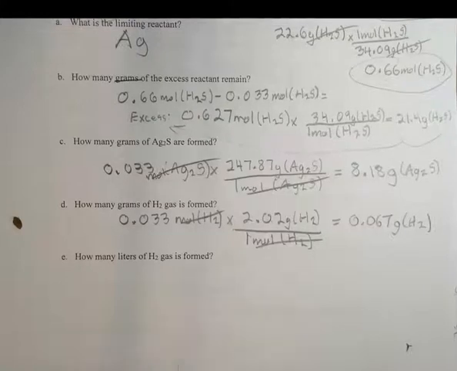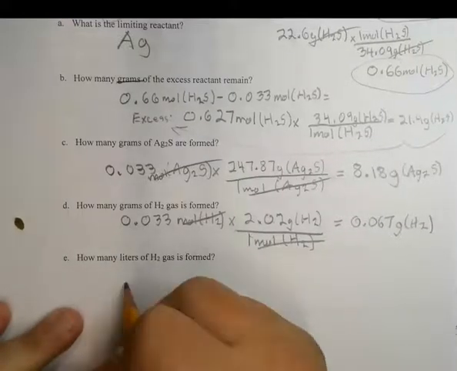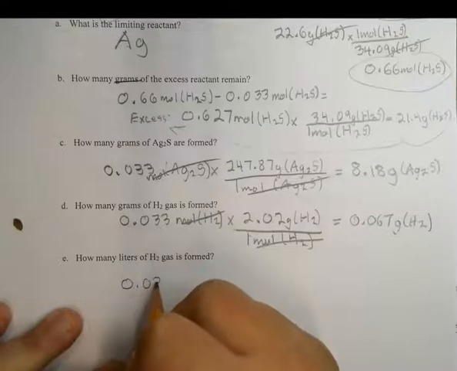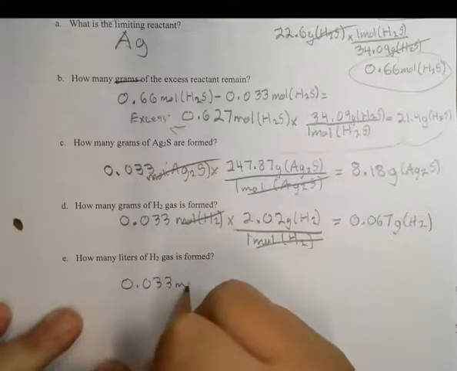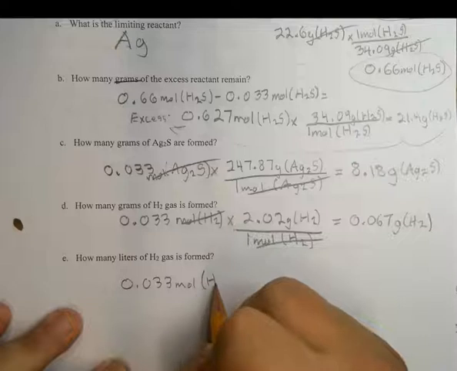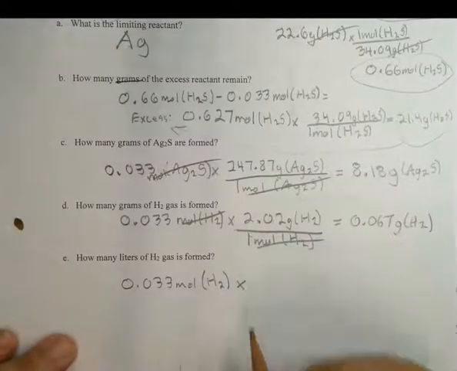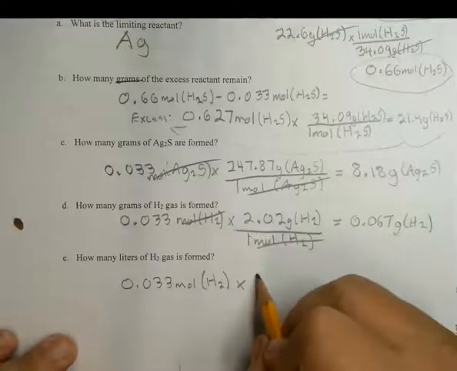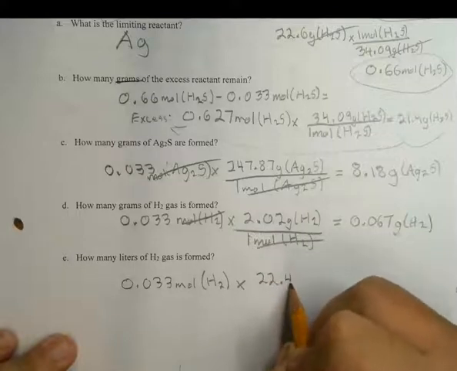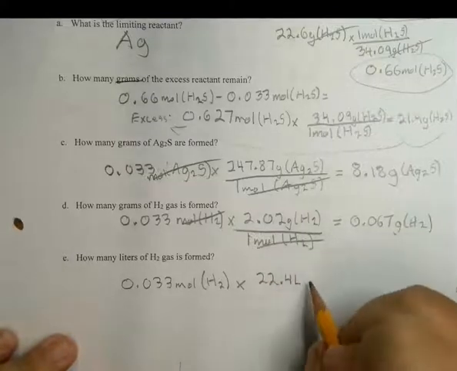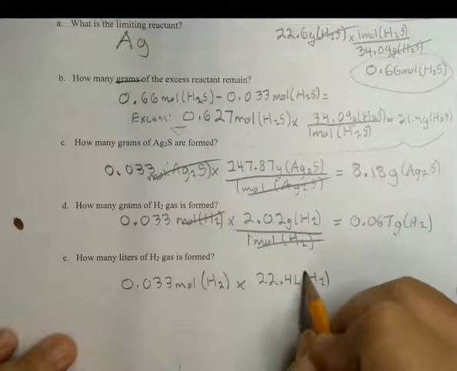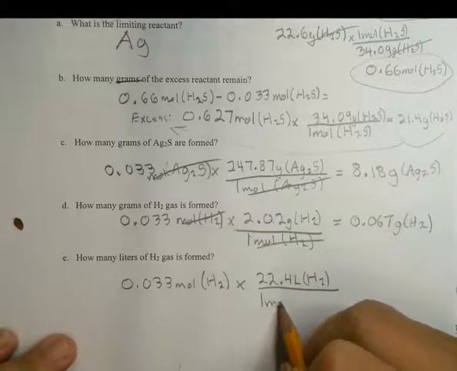Okay, and now I threw a little bit of a curveball here and told you I was going to ask you about liters. I didn't give you any liters. How many liters of hydrogen gas? Well, it's the same number of moles, 0.033 moles of hydrogen gas. Okay, we're going to multiply that by the conversion between moles and liters of any gas. That's what we learned yesterday. So it's 22.4 liters of hydrogen gas for every 1 mole of hydrogen gas.